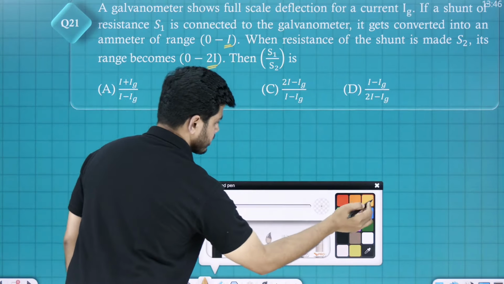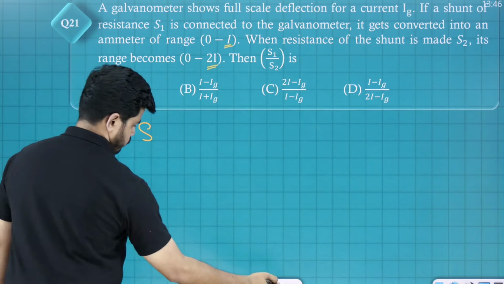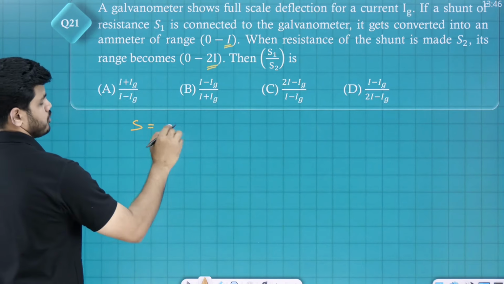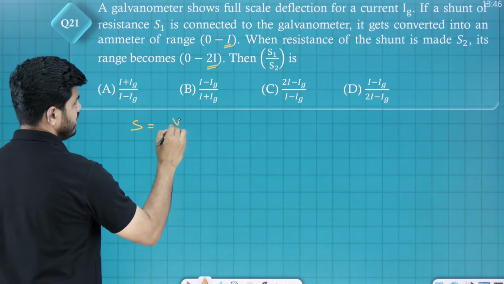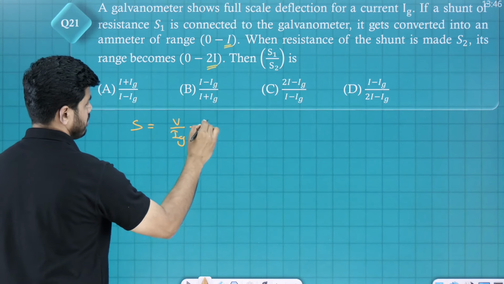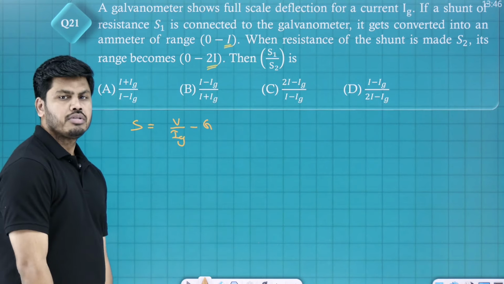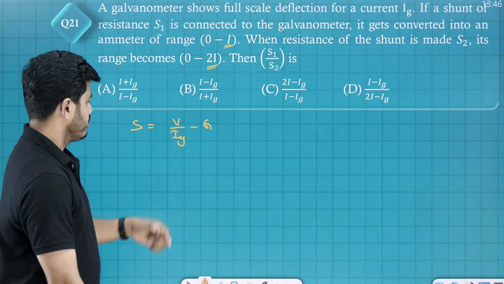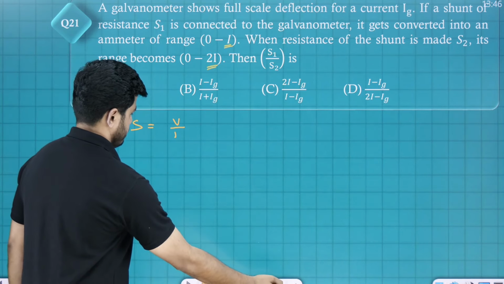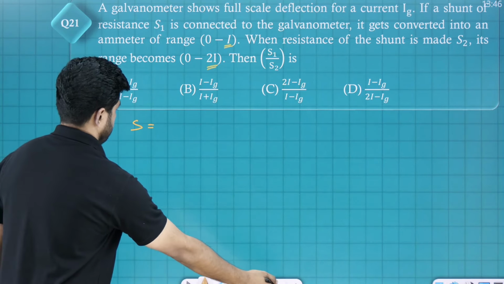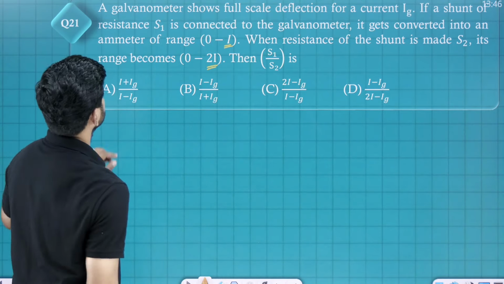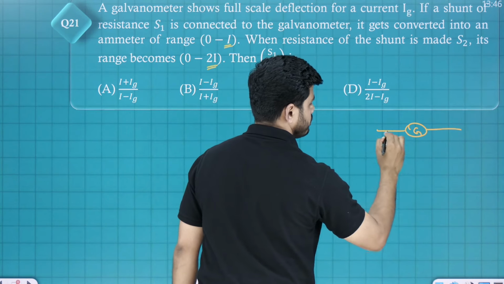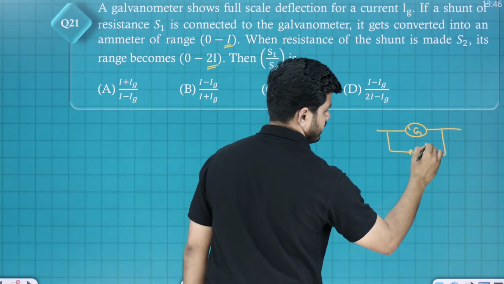Well, how will you calculate the shunt resistance? S is equal to, we had V by Ig minus G, right? That was the equation for S. Sorry, we convert the galvanometer into an ammeter by connecting a shunt, right?